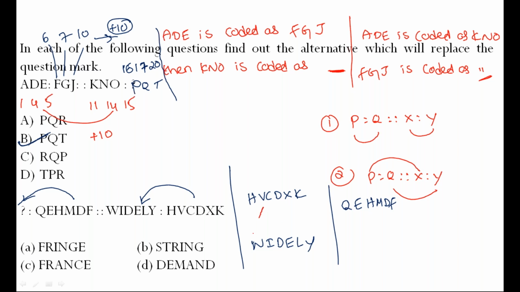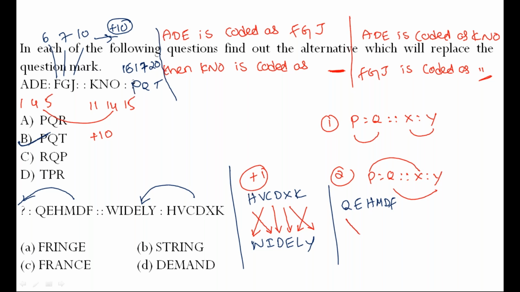Now, friends, if you just see this, you swap two letters, and the next letter is plus 1. V's next letter is W, H's next letter is I, C's next letter is D, D's next letter is E, X's next letter is Y, K's next letter is L. Middle two as they are, but the remaining we have to swap.